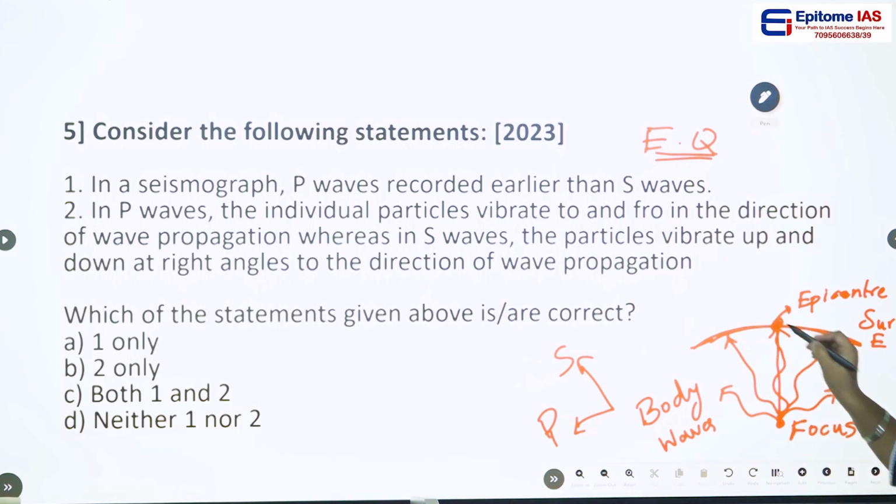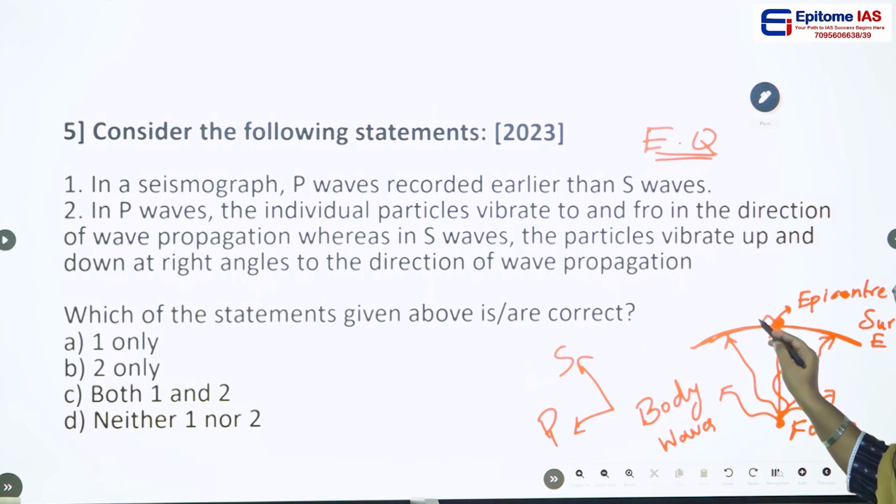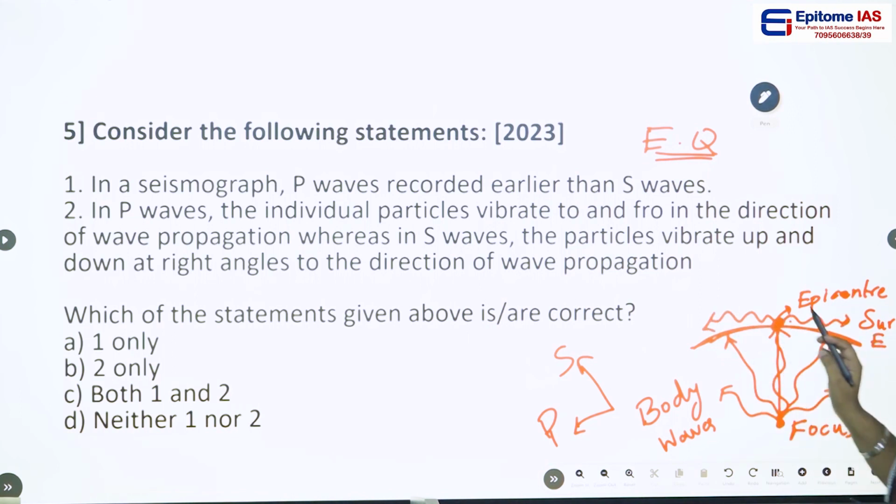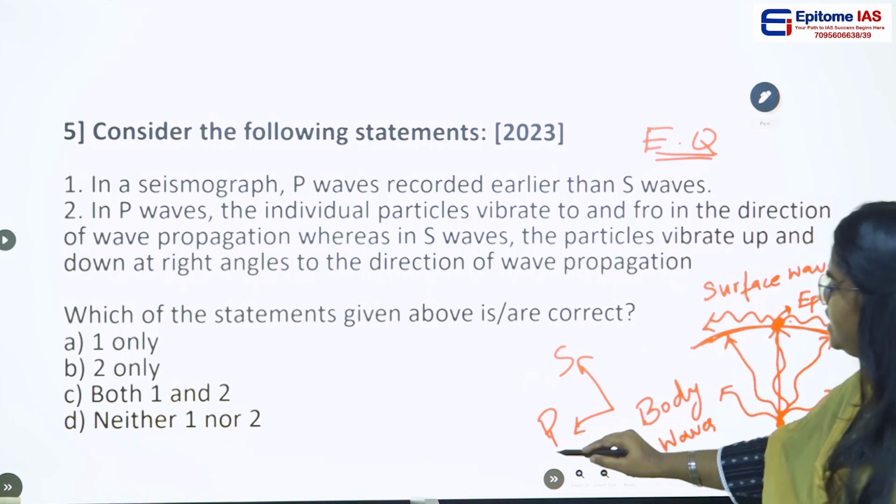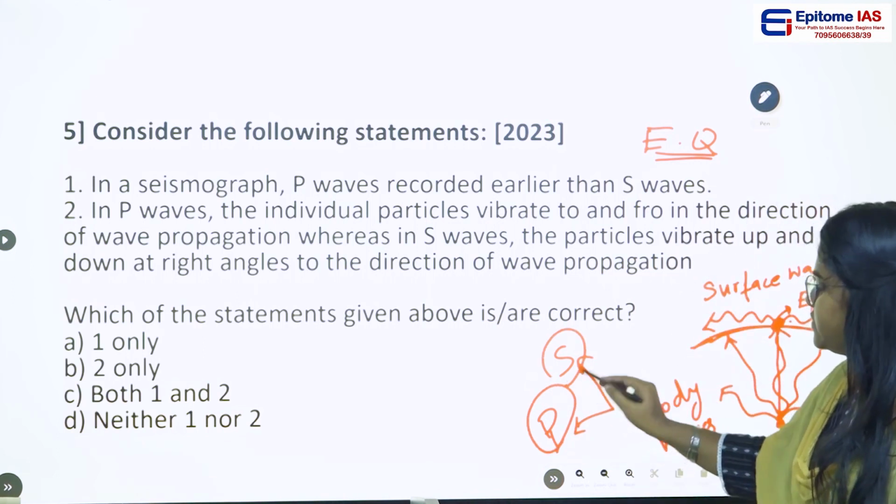Then what happens after reaching this epicenter? Another sort of waves are formed, and these waves are called surface waves.